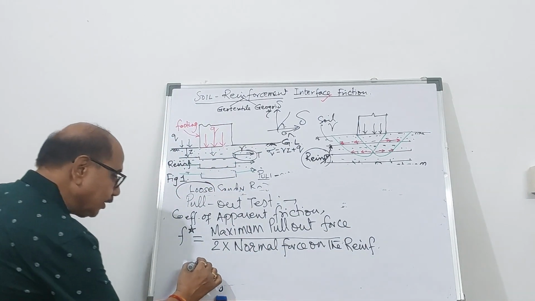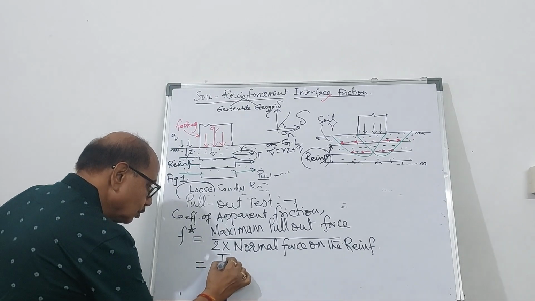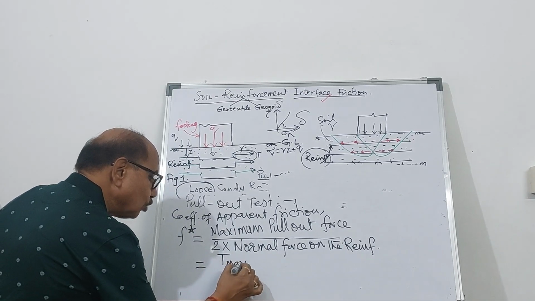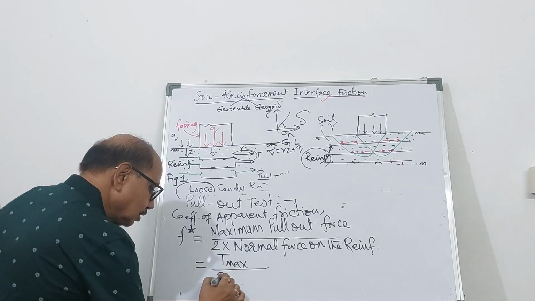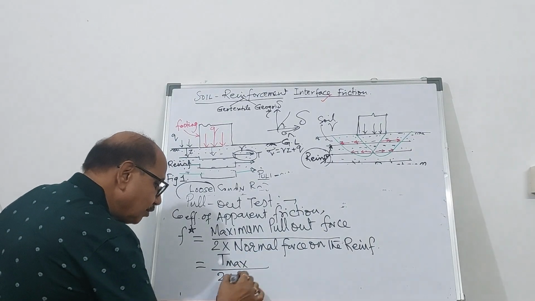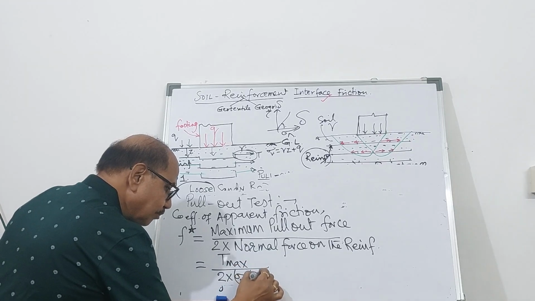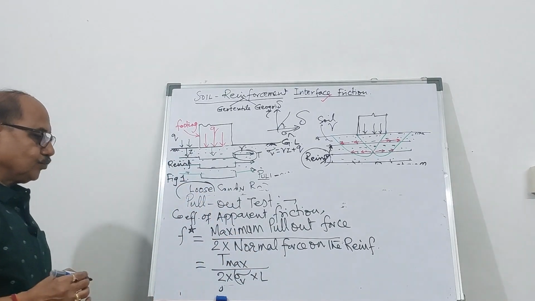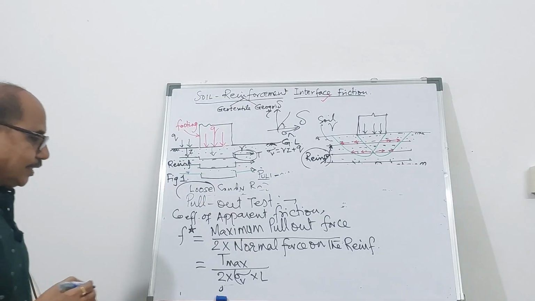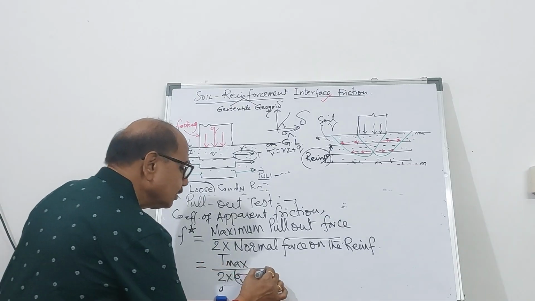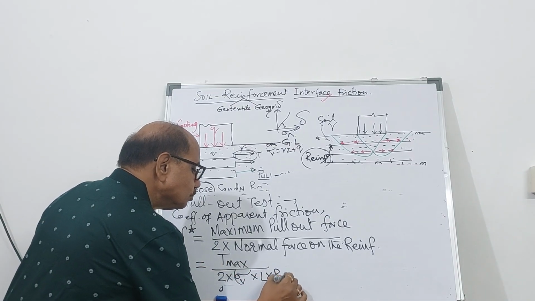So this is going to be equal to the maximum pull-out force T max divided by 2 into the normal force. The normal force will be the vertical stress multiplied by the length of the geosynthetic reinforcement into BR.